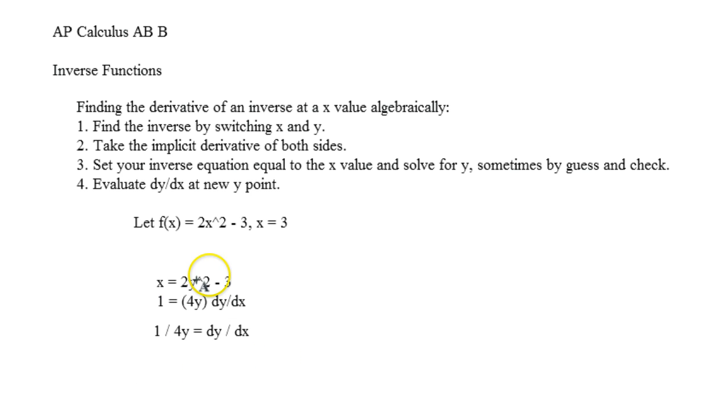Then you would have to go back to the beginning and set that equal to 3. So you would have 3 equals 2y squared minus 3. Now, just solving this real fast, 6 equals 2y squared. Divide that, and that should be 3 equals y squared.